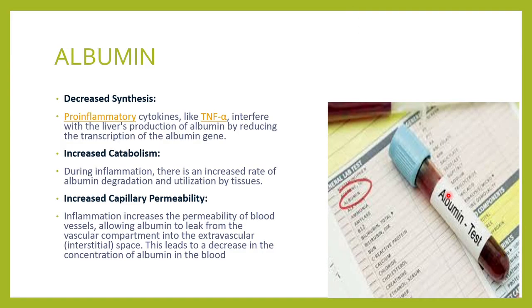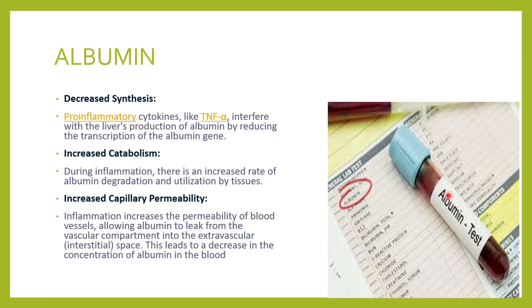Albumin is a protein which is produced by the liver. Now what happens? This liver, when it knows that there is a kind of an inflammation, there is an increased rate of albumin degradation and utilization by the tissue. So the albumin level starts going down.